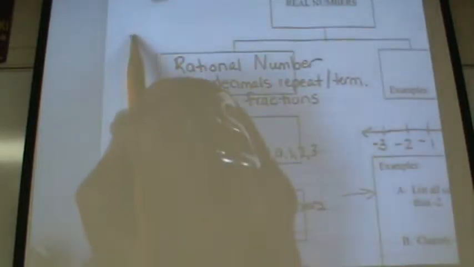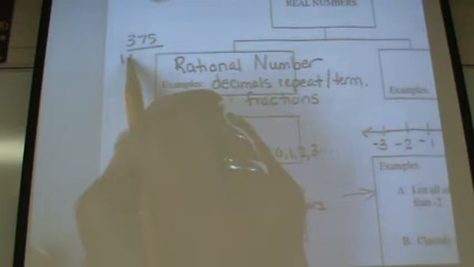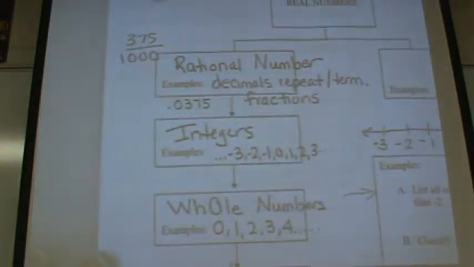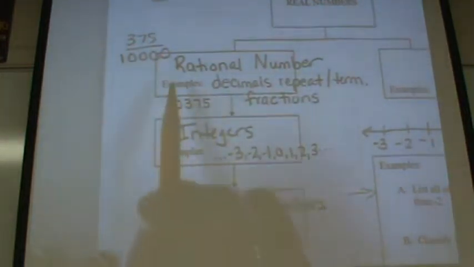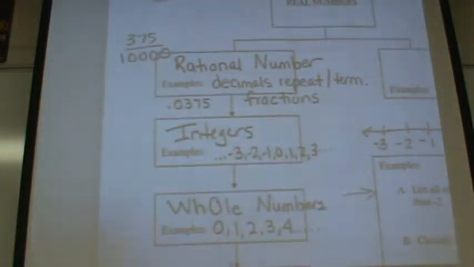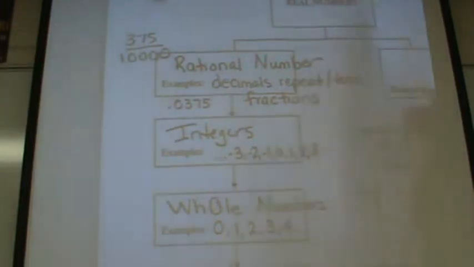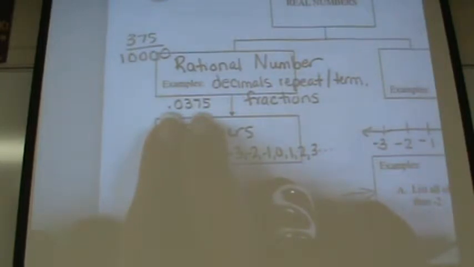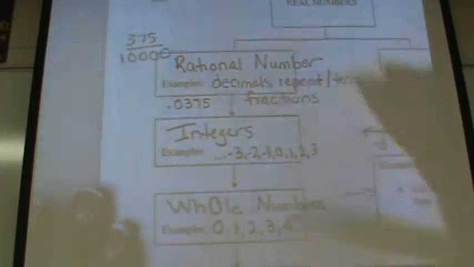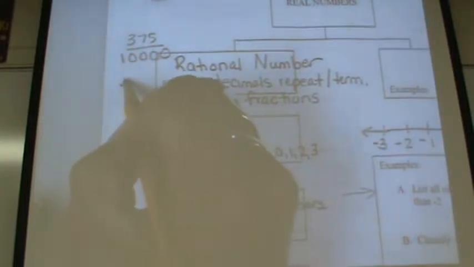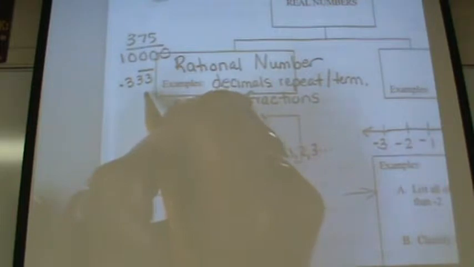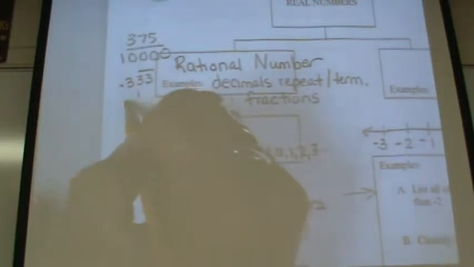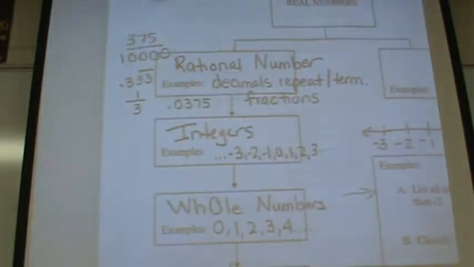It's 375 over a 1 with 4 zeros. There's 4 digits here, so there's 4 zeros. You can reduce that too if you wanted to, but we're not getting into that. Anytime you have a decimal that ends or repeats, like 0.333, it's a rational number, because you can change it to 1/3.